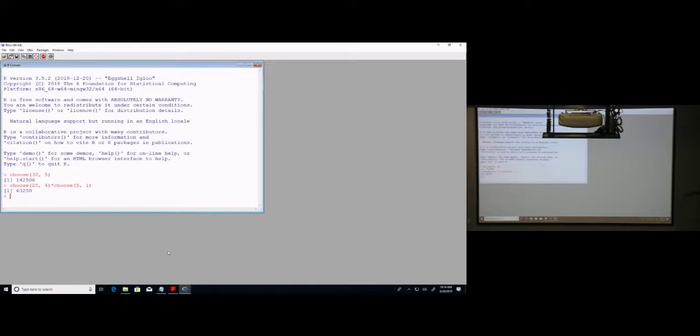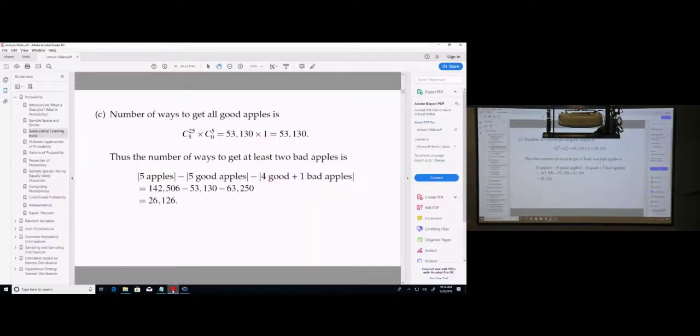So this is it. All right, and so on and so forth. So it is quite handy. You don't need to bring your calculator along. I mean, you just do everything on your computer. Okay, so this is all about bad apples.